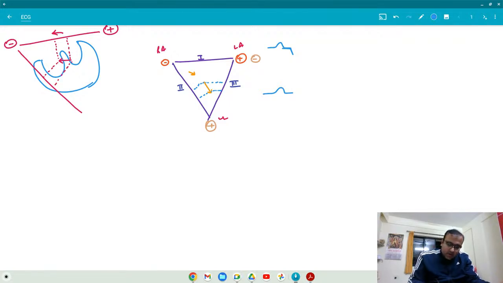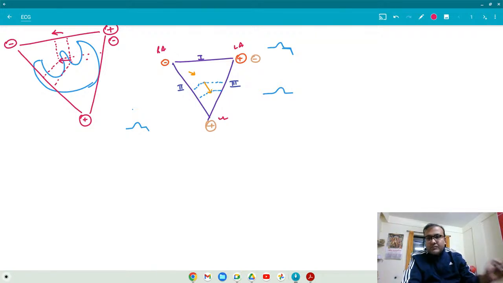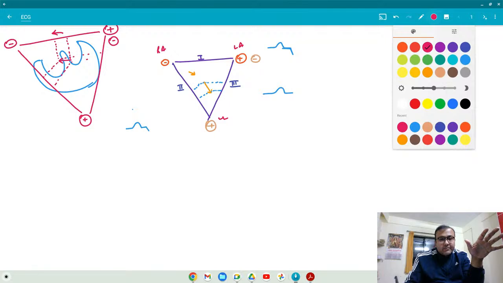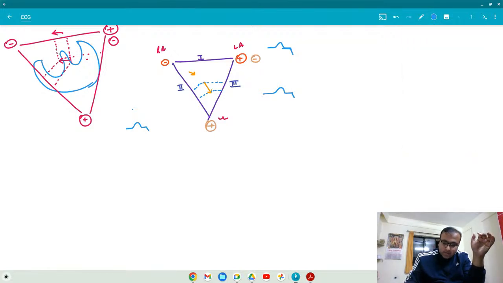All right. Now think in the same way about lead 3. Yes, negative, and this one is positive. And what about the vector now? Negative, correct? So negative.